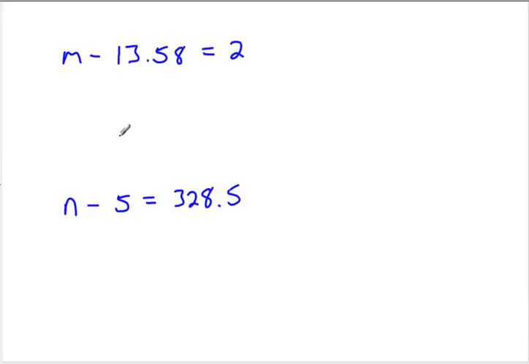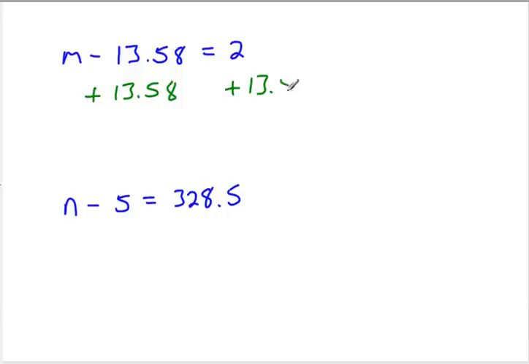All right, so I pulled some decimal problems out because I know some of us were having difficulty with that on the last test, so we can practice it here, just like with the new concept here. So to get rid of the subtraction of 13.58, we're going to use the inverse of subtraction, which is addition, to get rid of it.